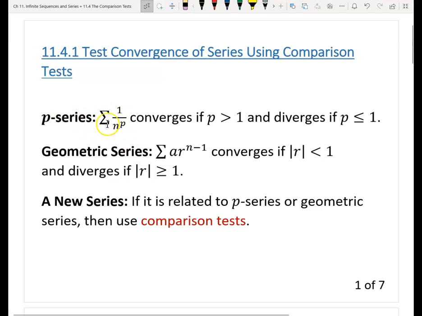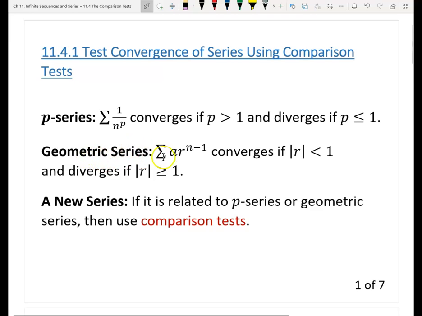P-series means the general term is 1 over n raised to the power p, right? So p is just the power in the denominator. Keep in mind, the P-series converges if the power p is greater than 1, and diverges if p is less than or equal to 1.